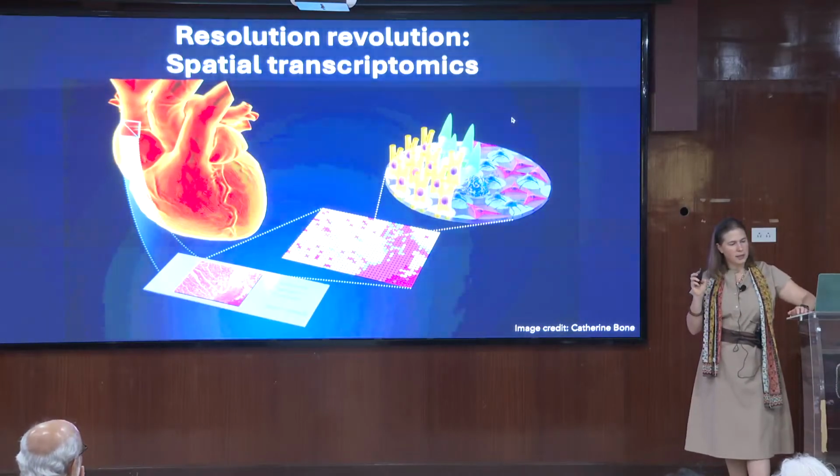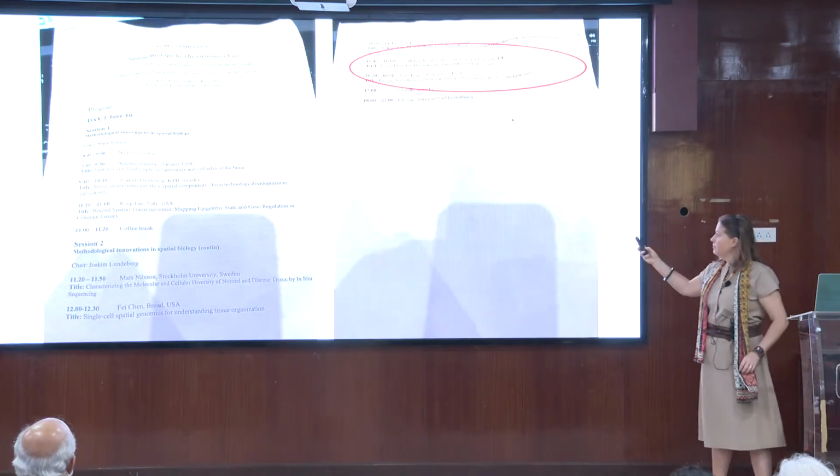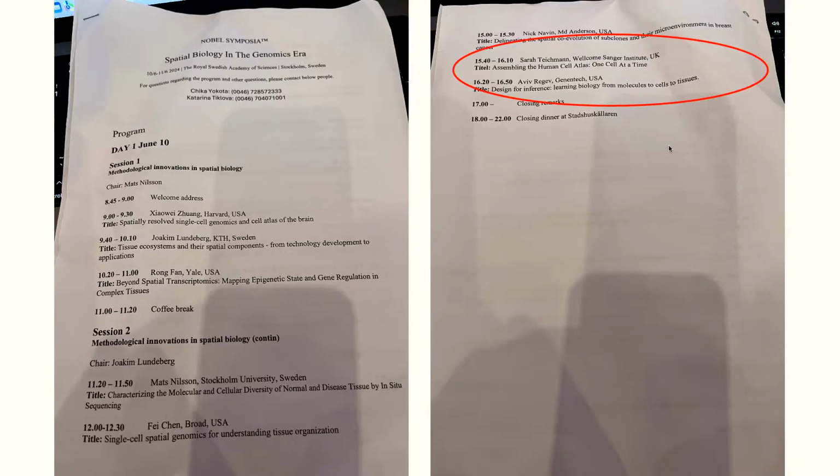now I just want to take one minute to pause and to point out that we are really in this spatial biology era and spatial genomics era. So just earlier this year in June, we had a meeting in Stockholm at the Royal Swedish Academy of Sciences about spatial biology in the genomics era.